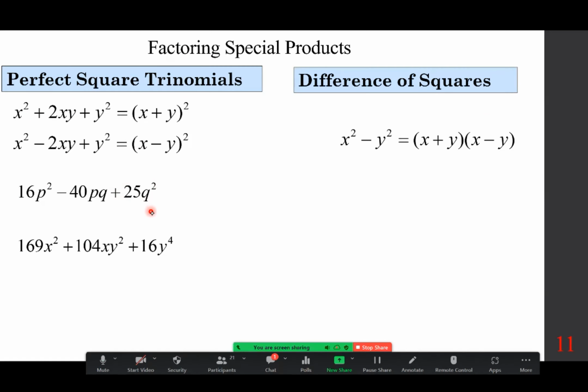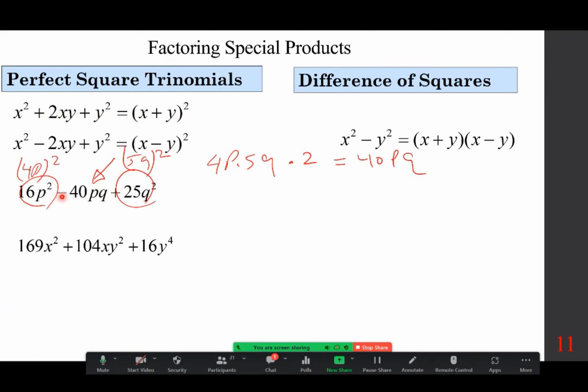This, let me just show you that because this is important. So this is 4p quantity squared. This one is 5q quantity squared. Now, what about this one? If the multiplication of 4p and 5q times 2 is there, this is the case.